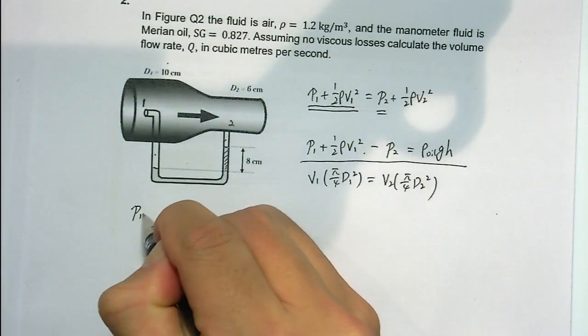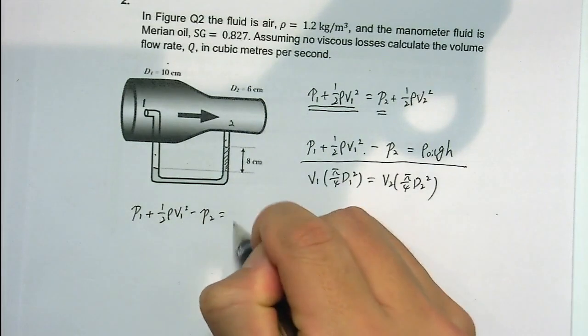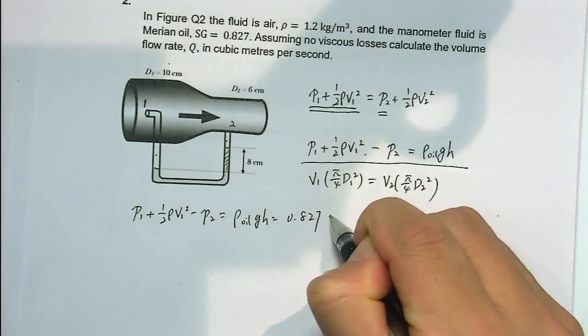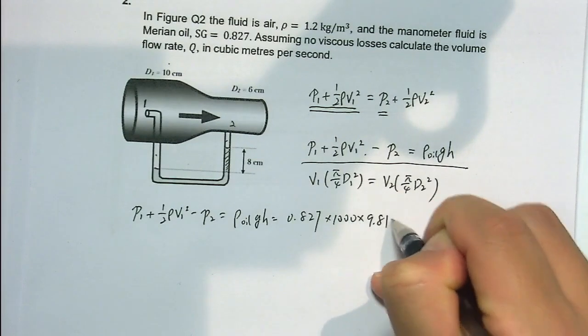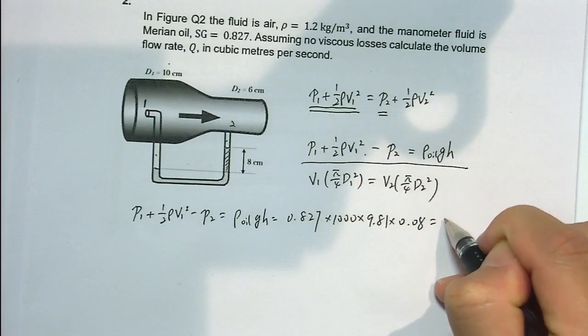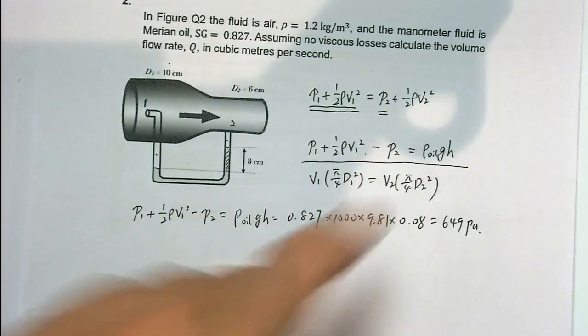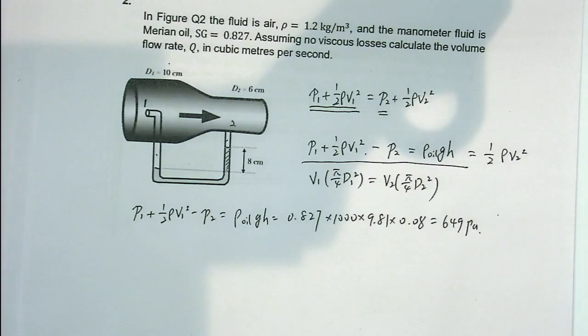So the P1 plus half rho V1 squared minus P2 is rho oil gh, which is the specific gravity, and rho water, which is in Pascal. Firstly, we solve this, and then we could get this is also equal to half rho V2 squared. Yeah.